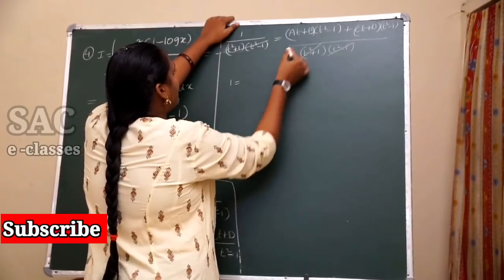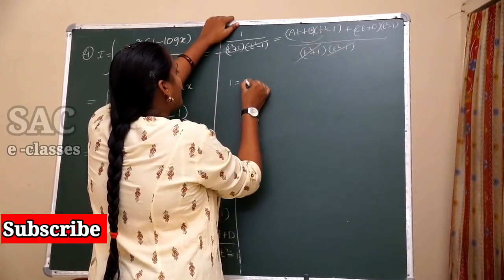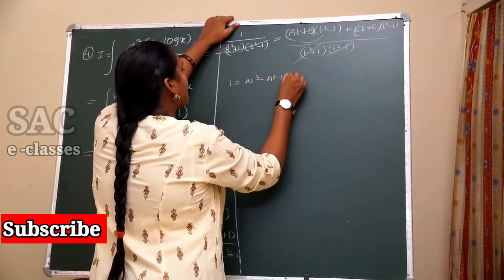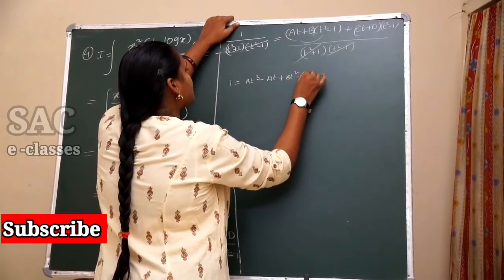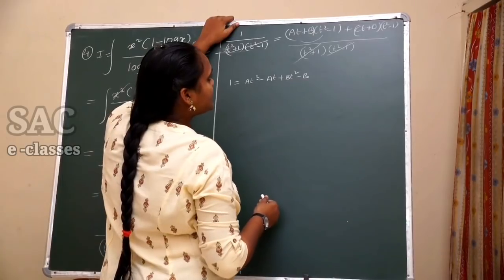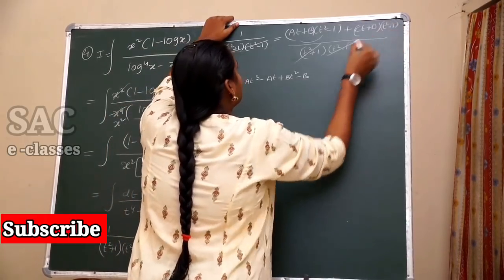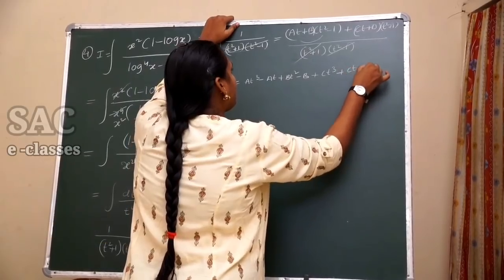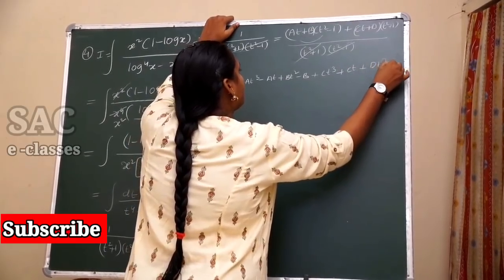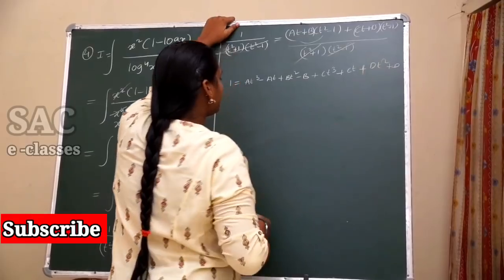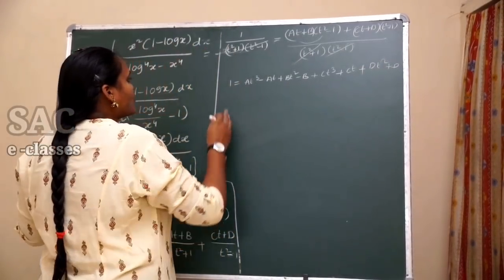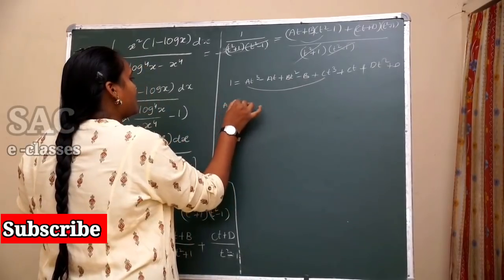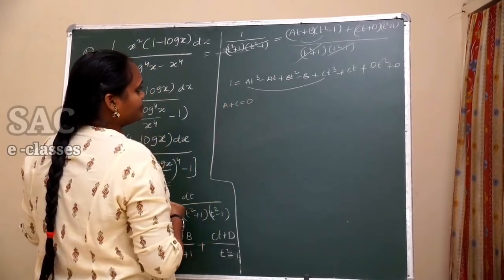One is equal to, let us multiply, at cube minus at plus bt square minus b. Let us multiply here also, ct cube plus ct plus dt square plus d. By comparing the coefficients of t cube, one thing is clear, a plus c equal to 0.